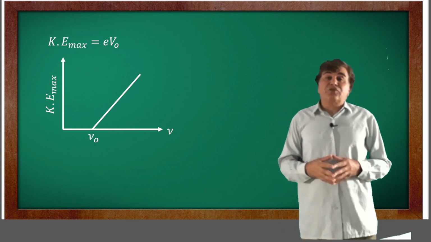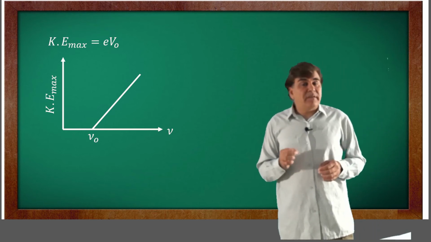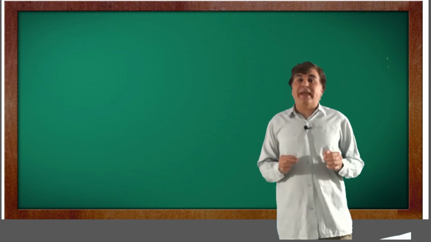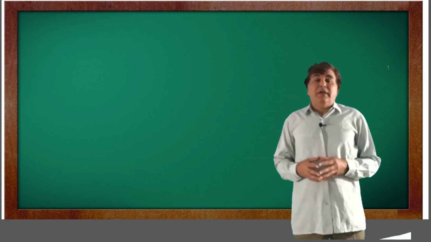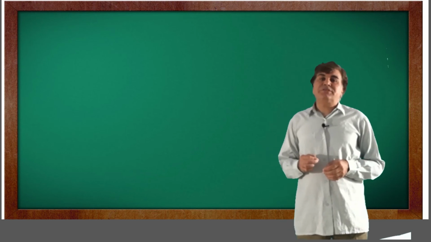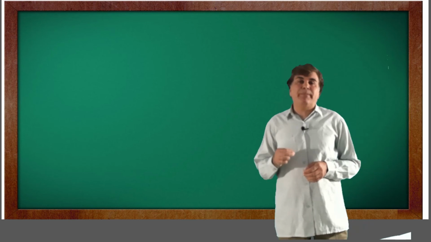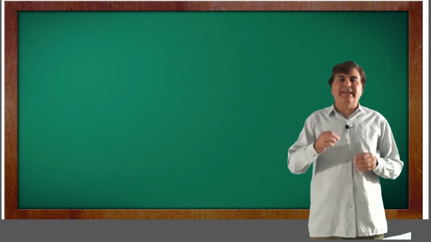This frequency is called the threshold frequency and its value depends on the nature of the material from which the emitter is made. It can also be observed from the experiment that above the threshold frequency, the ejection of photoelectrons from the emitter takes place with no time delay.